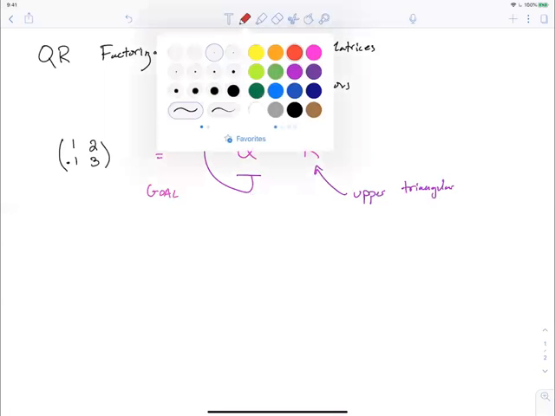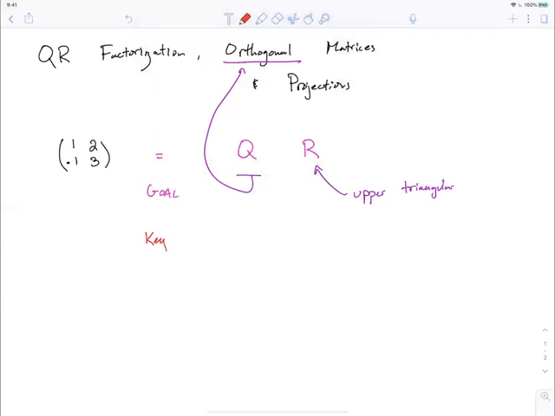All right, the key with all this is this factorization is going to encode the Gram-Schmidt process. So the Gram-Schmidt process, this is just the fancy name for finding an orthogonal basis. Not just an orthogonal basis, an orthonormal basis.